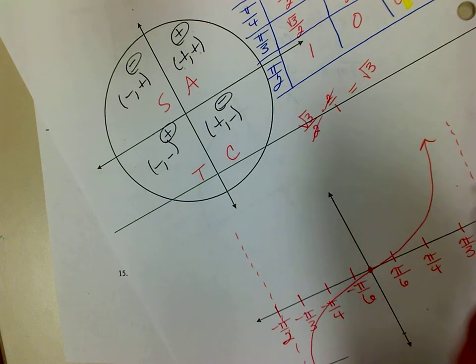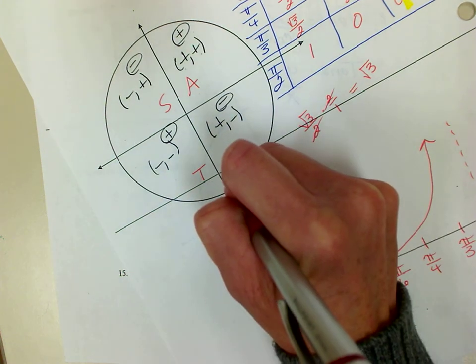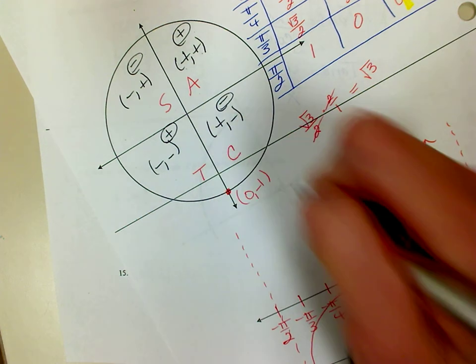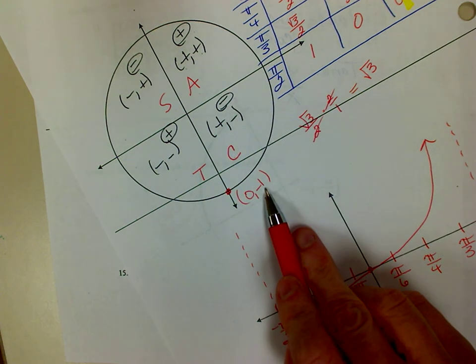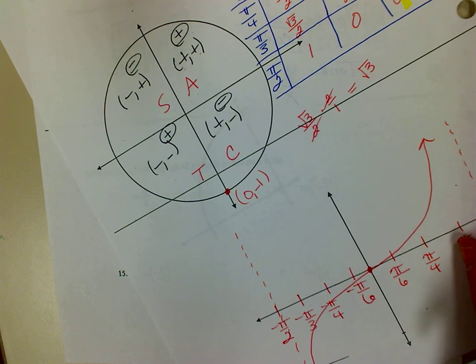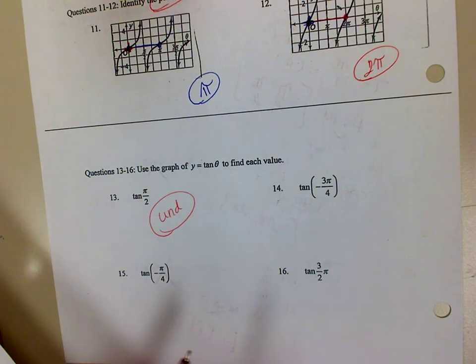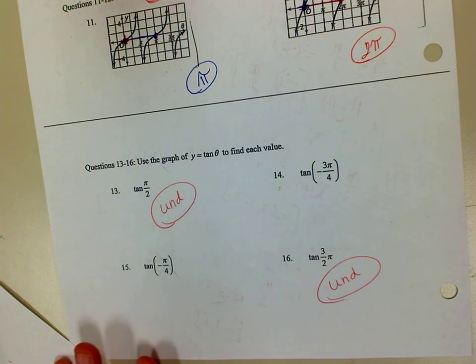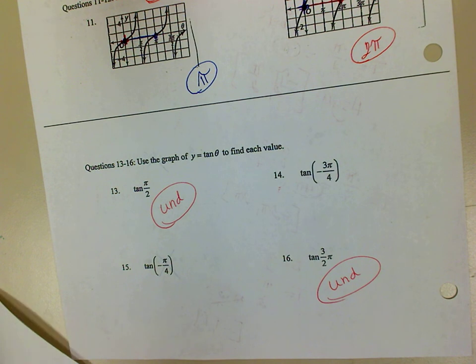Well, that's going to be down here. So this ordered pair down here is 0, negative 1. If I take y divided by x, negative 1 divided by 0, that is undefined again. So anytime you find tangent's value on the y-axis, it's undefined.